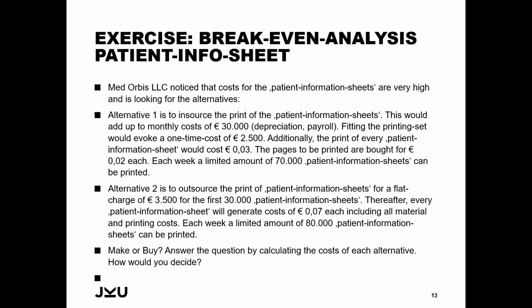Patient information sheets are what you get when you buy a medicine like headache pills: not only the pills, but also a sheet printed with how you use or take the pills, the side effects and so on.